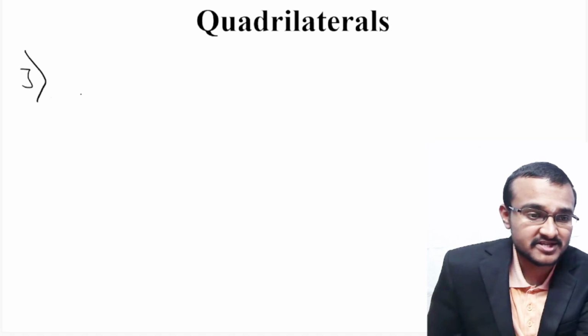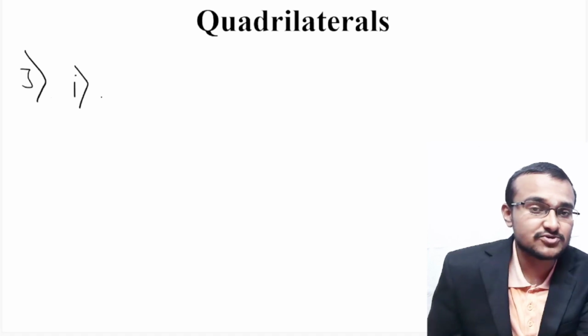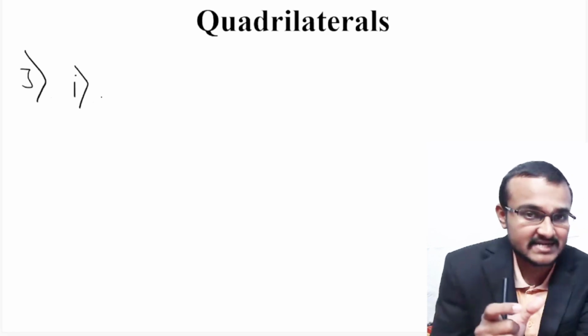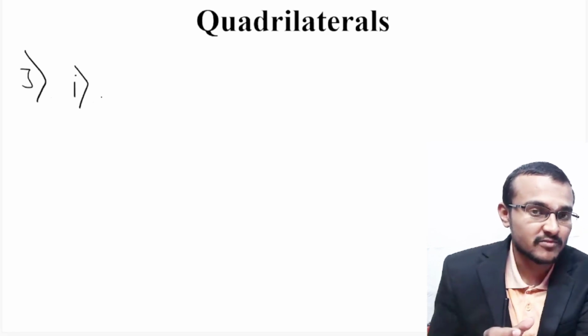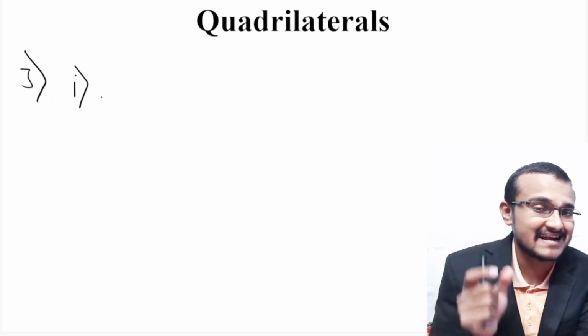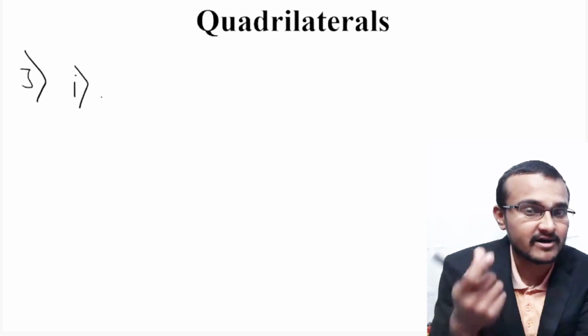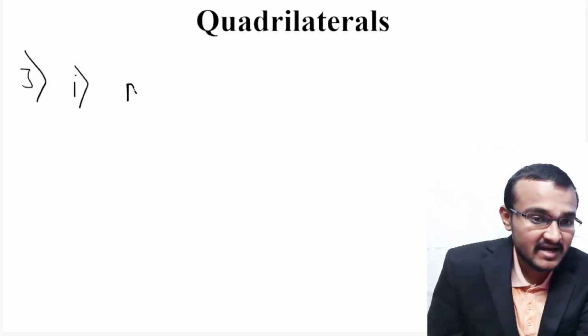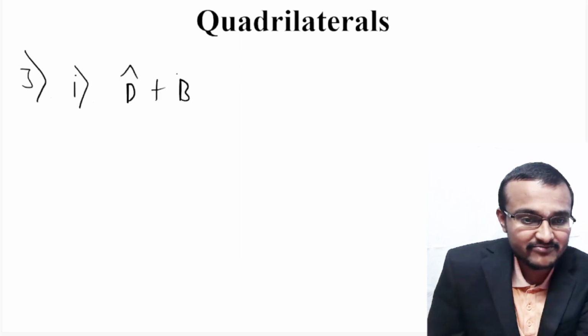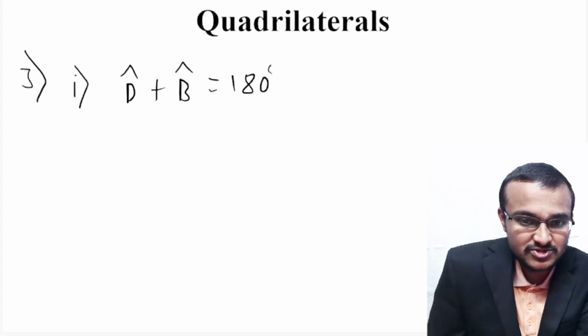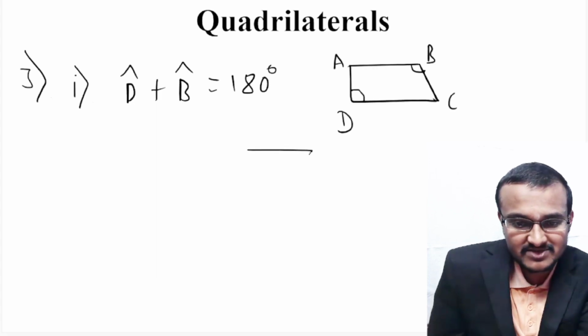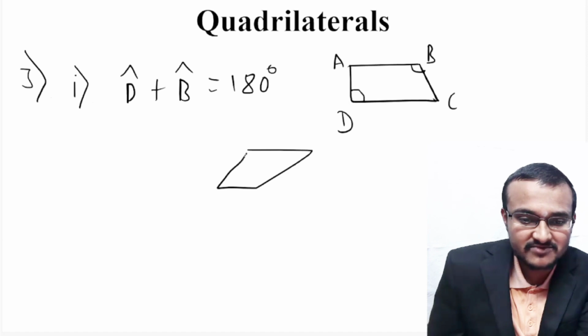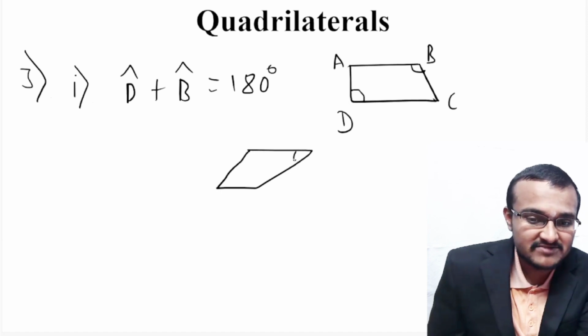So coming to the third question, they have given 3 problems, and by looking at the condition given in each of them, you should say whether the quadrilateral ABCD can be a parallelogram or not. Coming to the first one, they have given angle D plus angle B equal to 180 degrees. But if you draw a quadrilateral something like this, which is almost similar to a parallelogram, sometimes the sum of opposite angles might be 180 degrees.